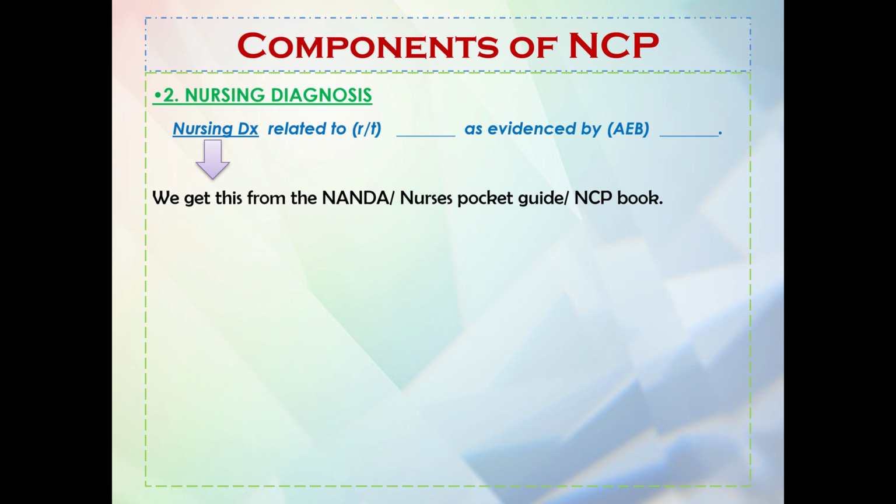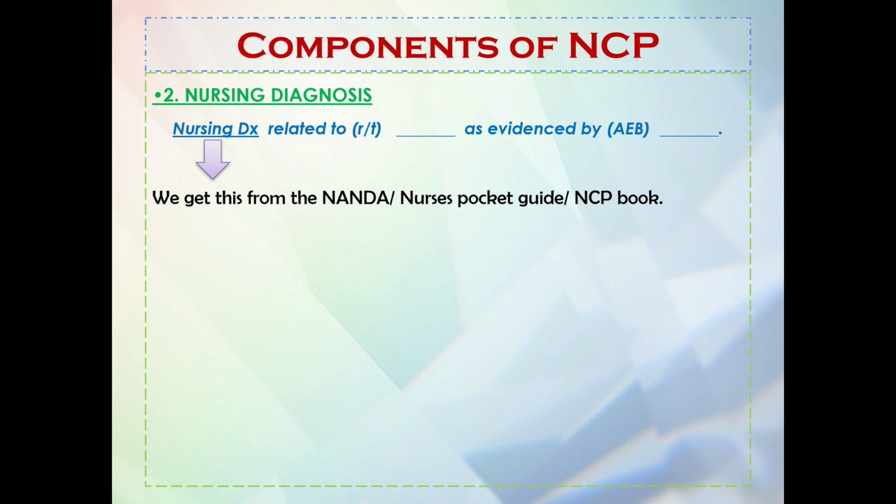So, nursing diagnosis, again, we get this from the NANDA, Nurses Pocket Guide, or NCP book, or any reference that we have. By the way, NANDA is the North American Nursing Diagnosis Association. They are the organization that internationalized our nursing diagnoses. So again, in crafting the NCP, we get our nursing diagnosis from the NANDA book, Nurses Pocket Guide, or NCP book.